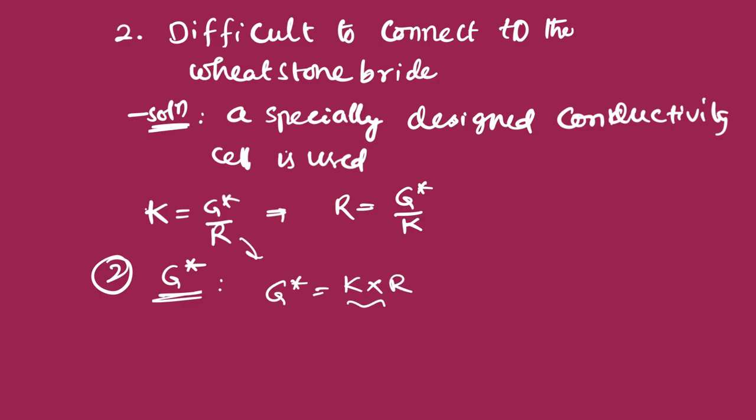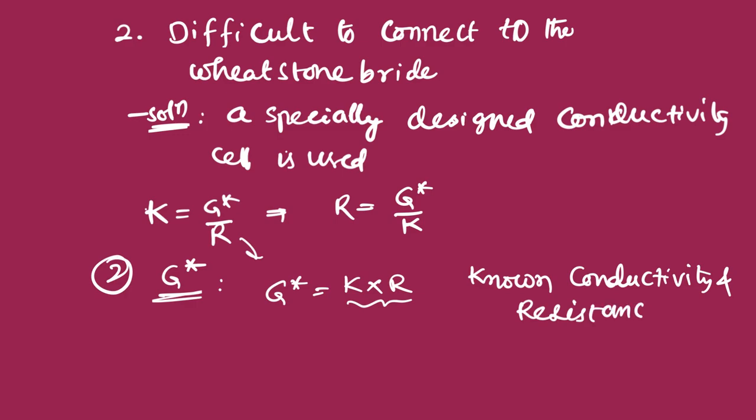So now what is required to be known? Conductivity and resistance, both are required. Now, the conductivity of any one already known solution we can take, and resistance we can calculate by using the Wheatstone bridge.